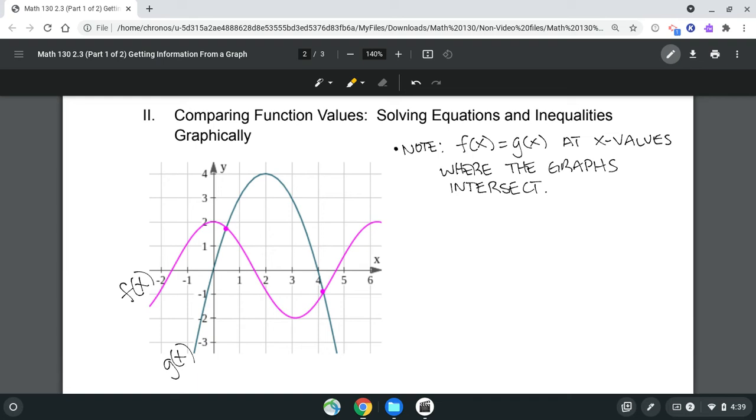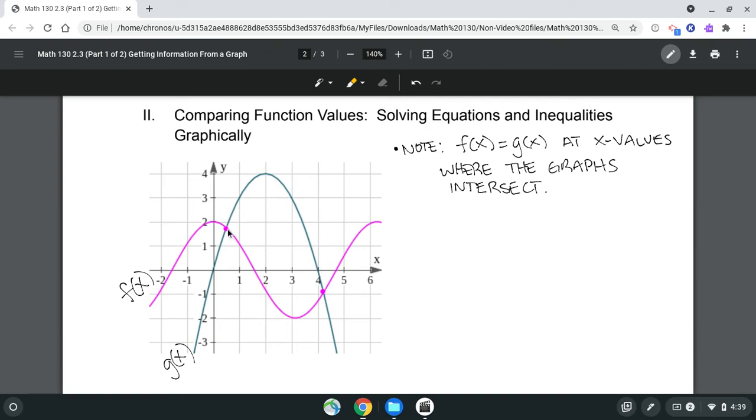So when we look over here, we see that these two graphs, this purple pinkish graph and this dark green graph, intersect right here and right here.